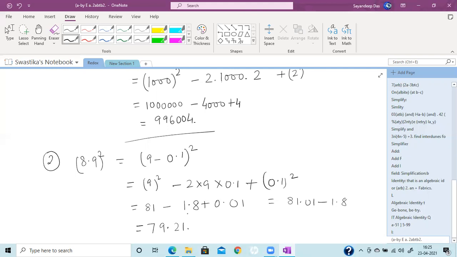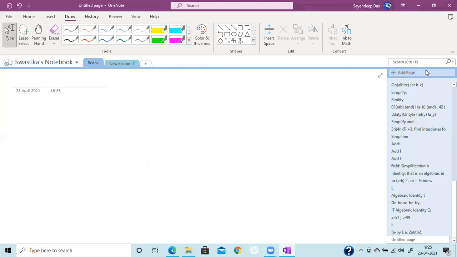Now we will see how you can find out by applying the third identity. Very easy problems like this. Suppose this is the third problem I am doing: 78 into 82.